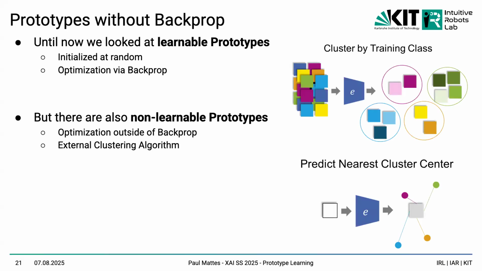These are external clustering algorithms, for example clustering by training classes. This would be one way to get those prototypes. Or we try to predict the nearest cluster center. But this is just a little bit of an outlook, we don't go deeper into that one. There are papers out there which learn non-learnable prototypes.